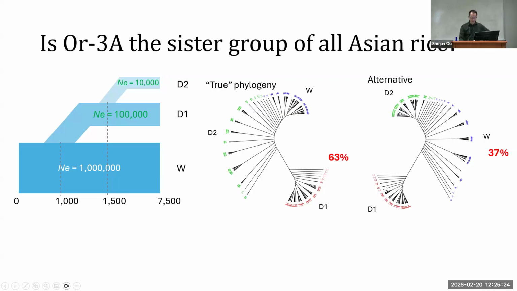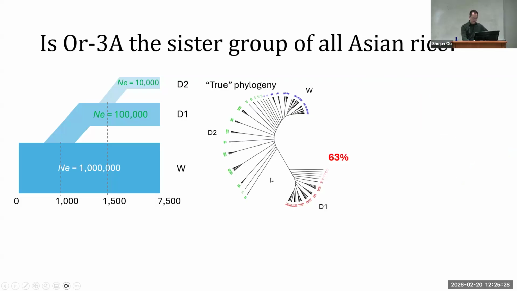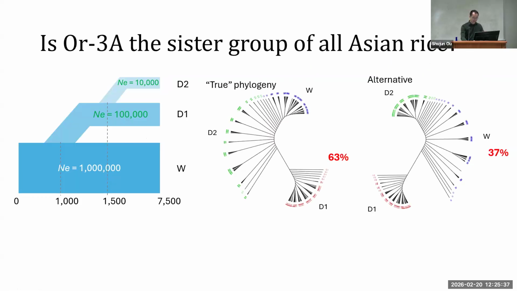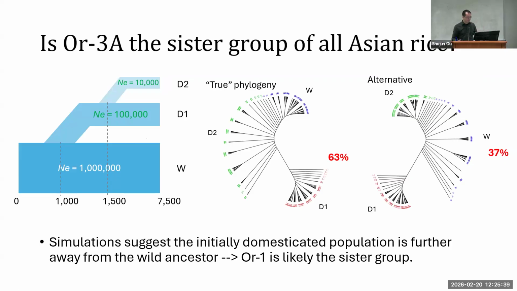And D1, the initially subdivided population, seems to be further away. So this suggests what we see here: maybe the initial domestication was in OR1 that split from the wild group, based on the simulation. So that is confounding to the phylogenetic tree that we just observed.